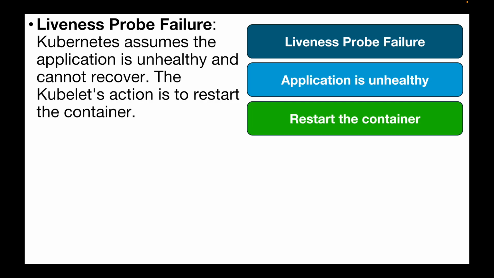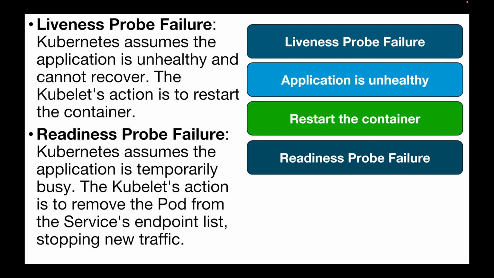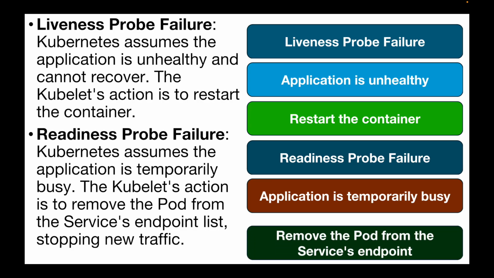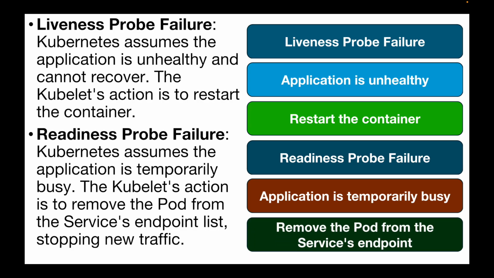So every time it sees that the application is unhealthy, it keeps on restarting the container. The readiness probe failure basically indicates that the application is temporarily busy, and the kubelet's action in this case is to remove that pod from the service's endpoint list, stopping any new traffic. All right, so liveness probe, the kubelet will keep on restarting the container. Readiness probe, the kubelet will remove that pod so that it won't receive any new traffic.